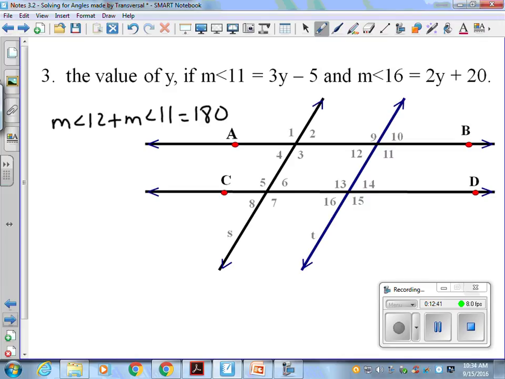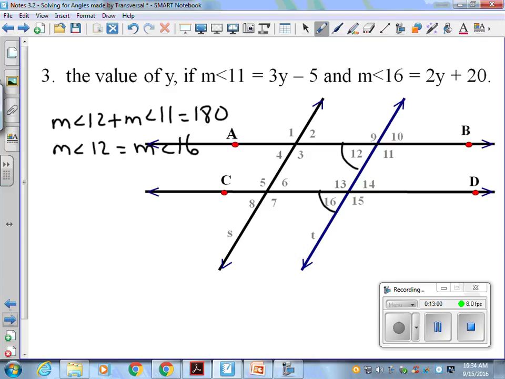And isn't the measure of angle 12 and angle 16 equal? Because those are what kind? Corresponding. Okay, so the measure of angle 12 is equal to the measure of angle 16. So the thought here is, yes, I have two parallel lines.